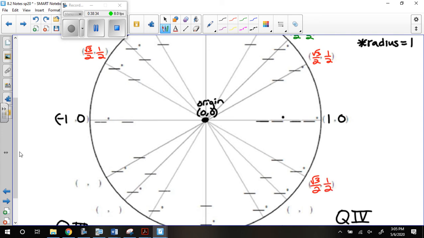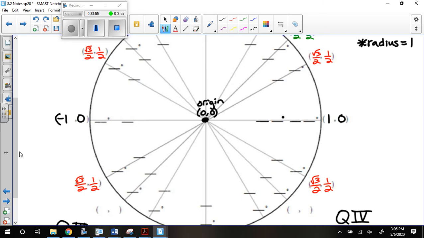I also know that if I took this red ordered pair that's in quadrant 2 and flipped over the x-axis, it would land here in quadrant 3, square root of 3 over 2, 1/2. Now I just have to make adjustments for my signs.